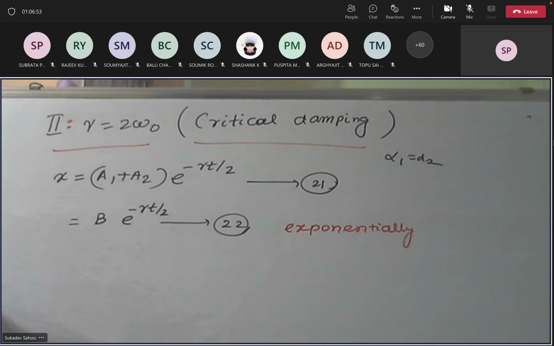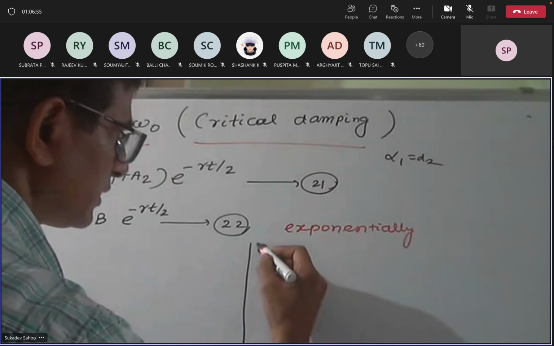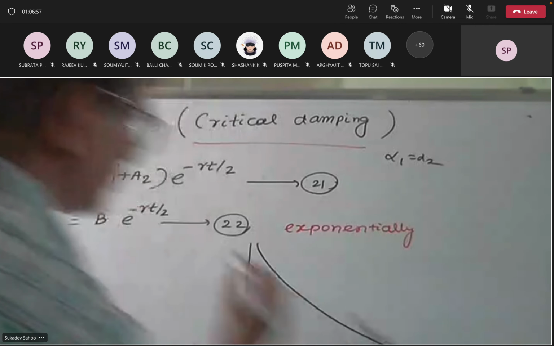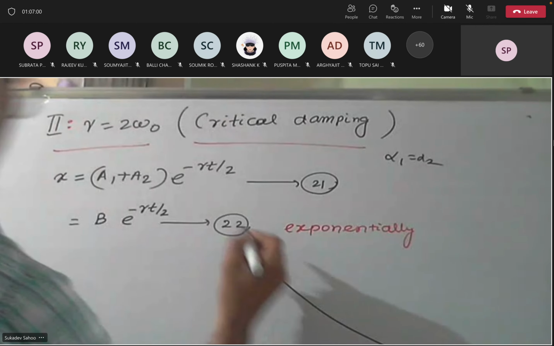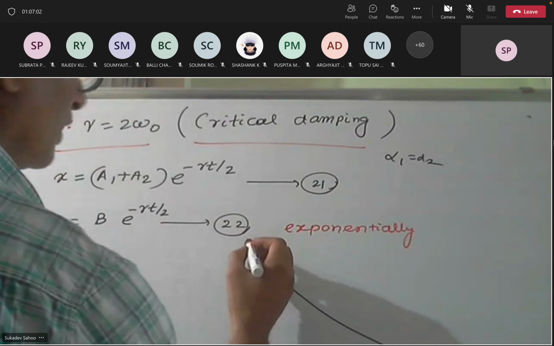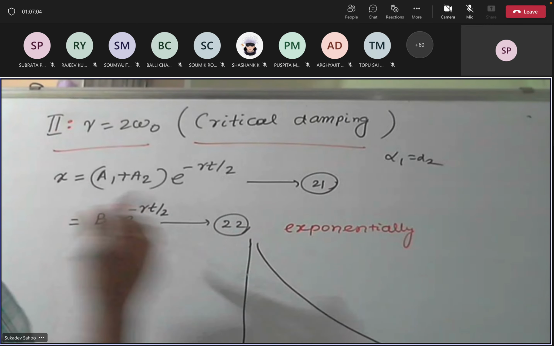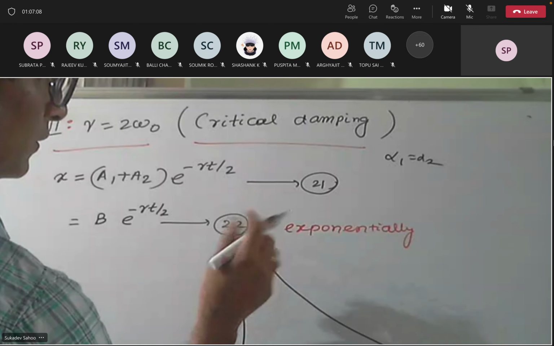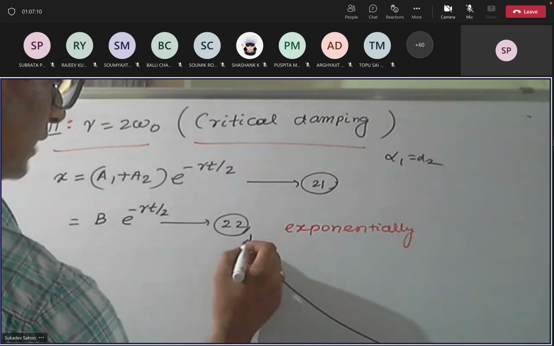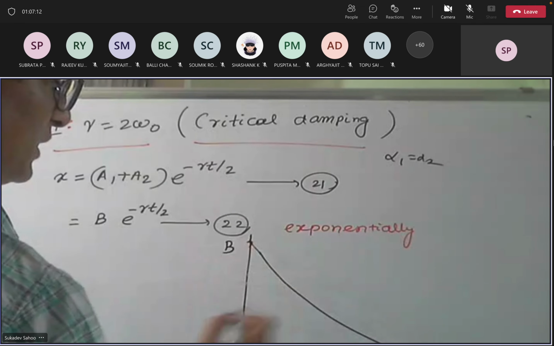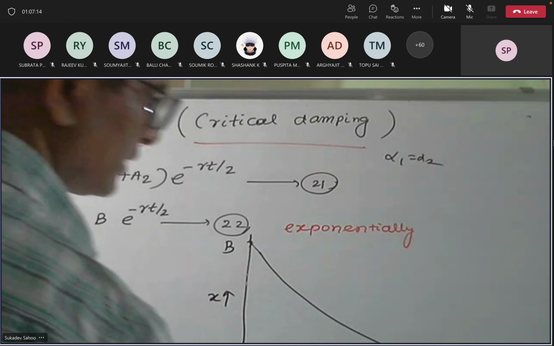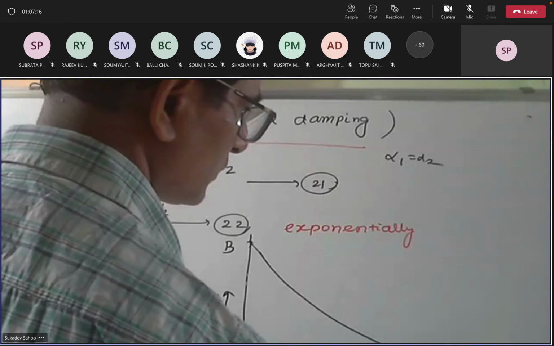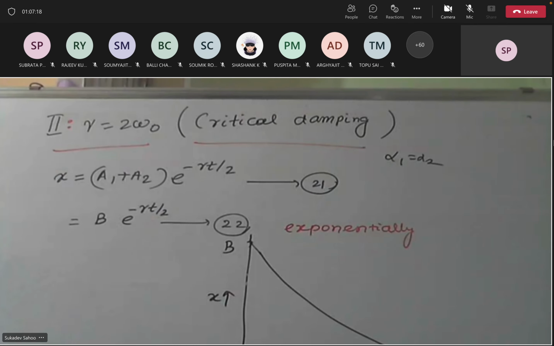Now, if you see the graph also here, when t equal to 0, its value will be b. According to the mathematical equation, it is the b value of x, then it decreases exponentially.